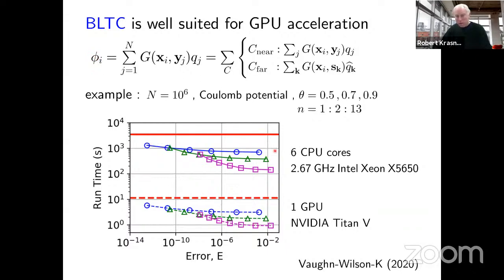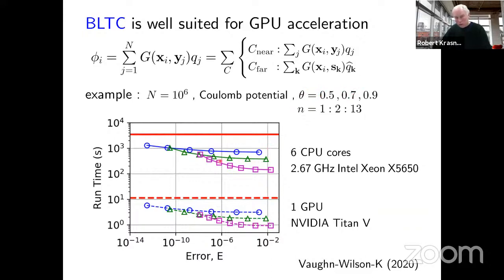The top results were obtained on 6 CPU cores. The bottom results were obtained on 1 GPU. We can get errors down to almost machine precision. The red lines going across are direct summation, and these lines are tree code results for the 3 different values of theta.